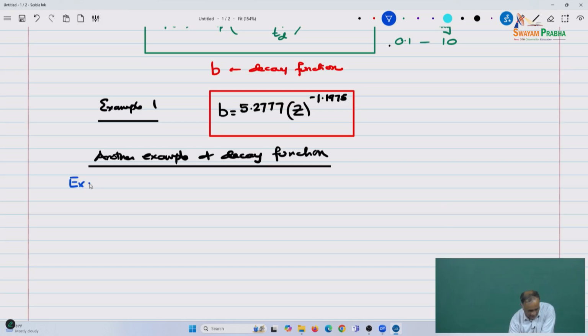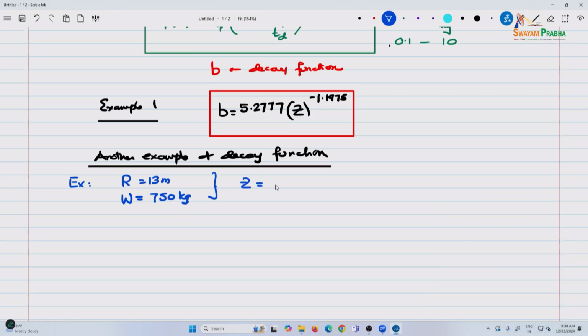Let's say the standoff distance is 13 meters, and you'll see a different expression. So W is 750 kilograms. From these two data you can derive Z equal to 1.43 meters per kg power 1/3, and you see that this is greater than 1.